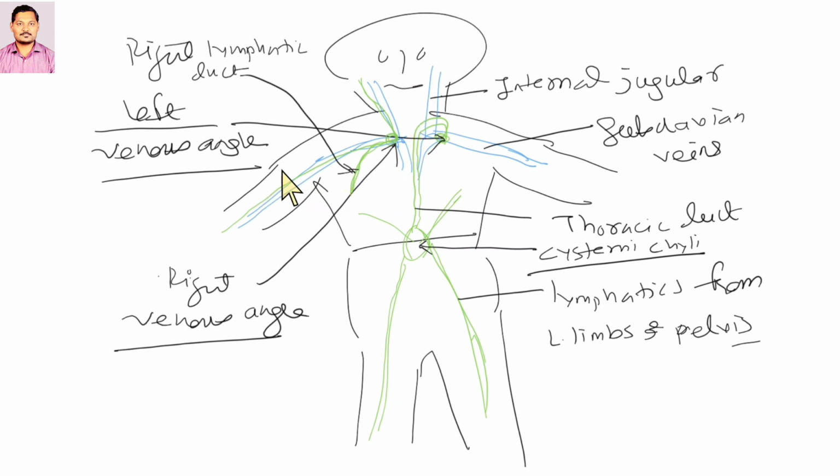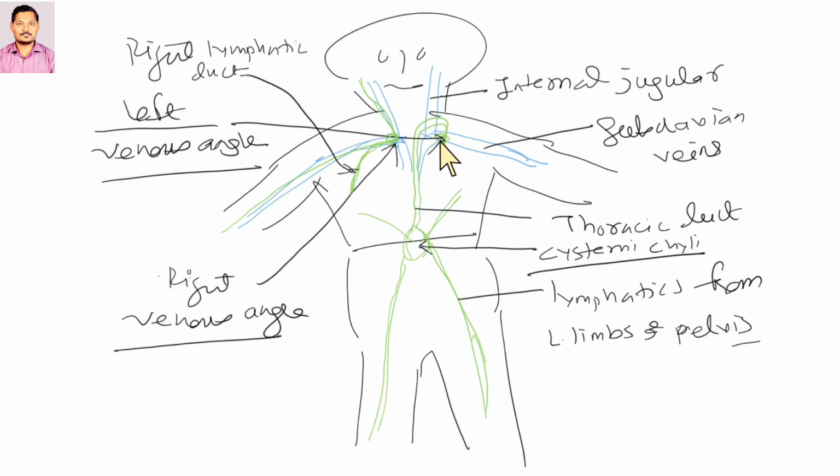Okay, the right side is drained at this right venous angle, called the junction of your internal jugular and the subclavian, whereas the left is more important, because you can say 3/4 of the body, whole of this area, lower limb, your thorax, even some left part and the lower part, and whole of the abdomen and the left side of your upper limb and head, neck, face, left side, this 3/4 area is all drained into this thoracic duct.